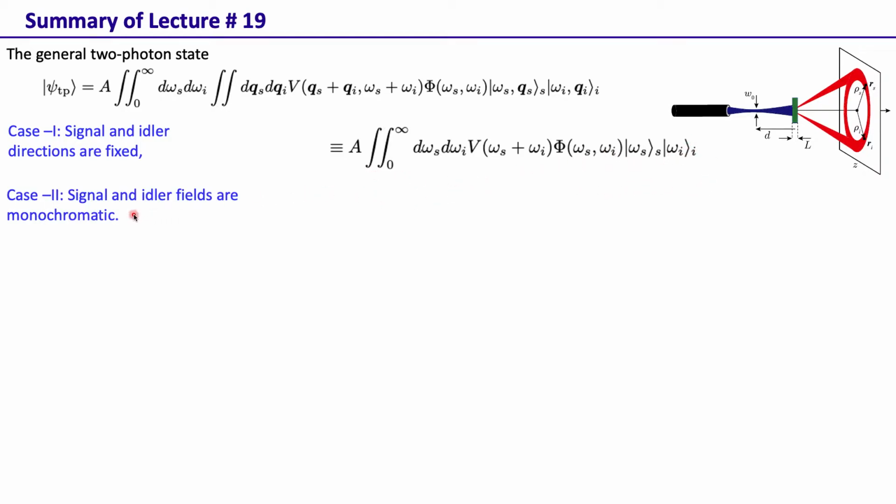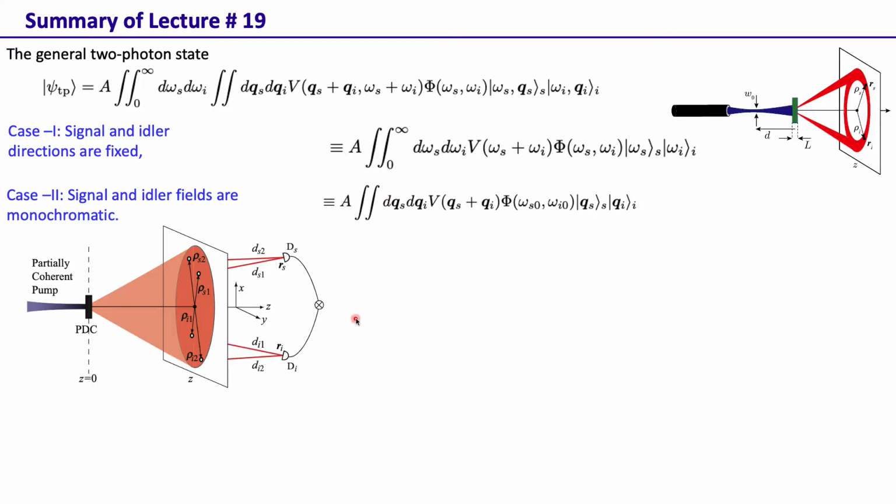We also looked at the other case where signal idler fields are monochromatic, and in that case the two photon state is written as integrals over Qs and Qi, that is the transverse wave vectors of signal idler. This is the two photon state that is relevant when we study the spatial two photon interference effect, and that's the two photon state which is relevant when we study the temporal two photon interference effect.